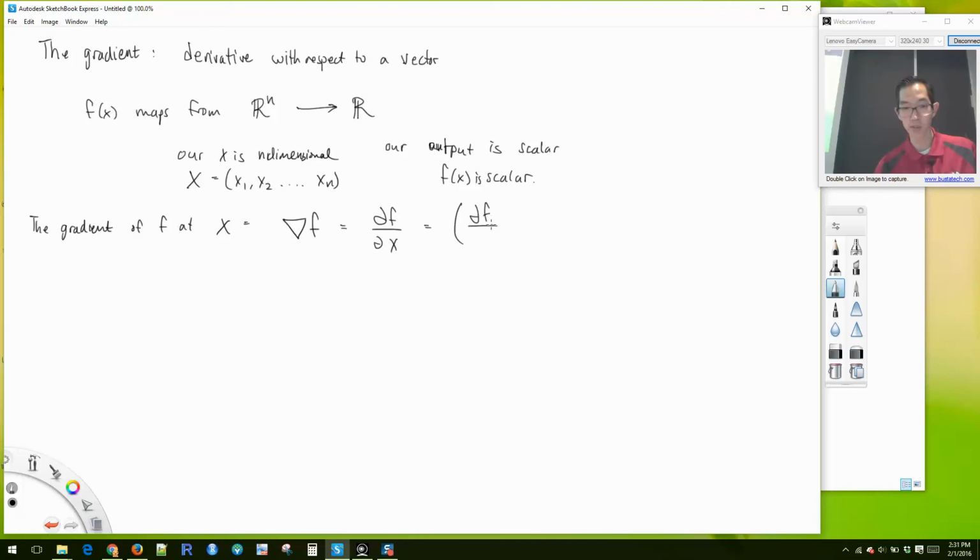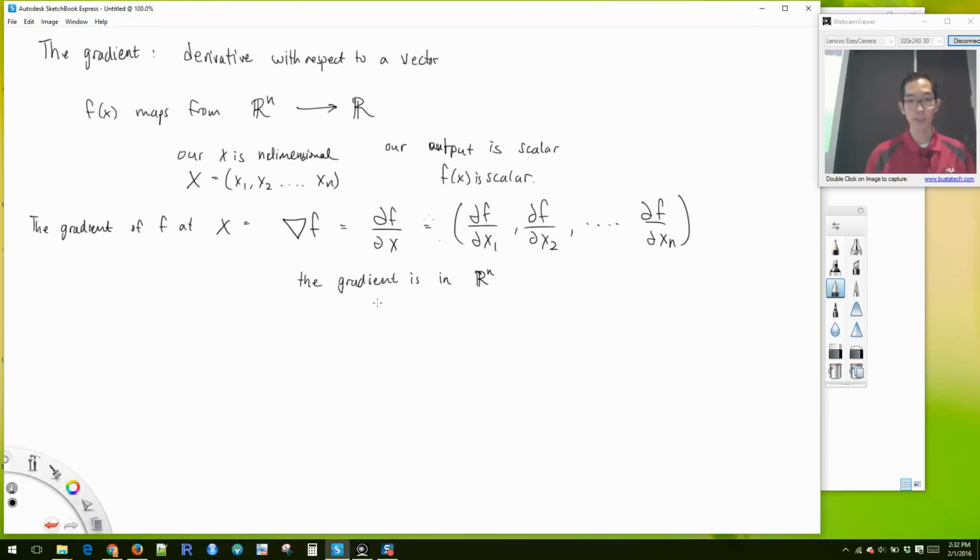So it's the derivative of f with respect to x1, and so on. The gradient is in n space also, so our gradient is n-dimensional.